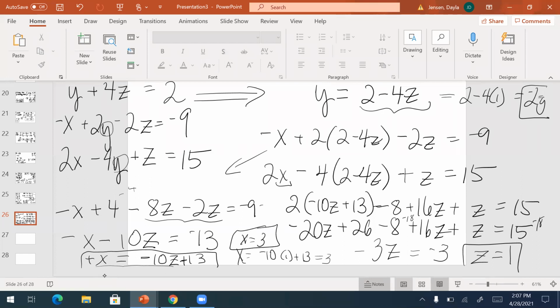Now with these systems, you're going to have to make sure you leave yourself a lot of room, because x equals 3, y equals negative 2, z equals 1. There's my final answer.